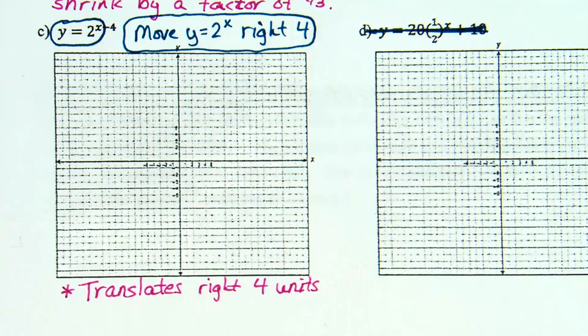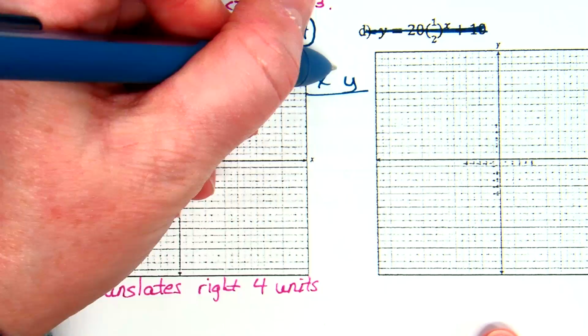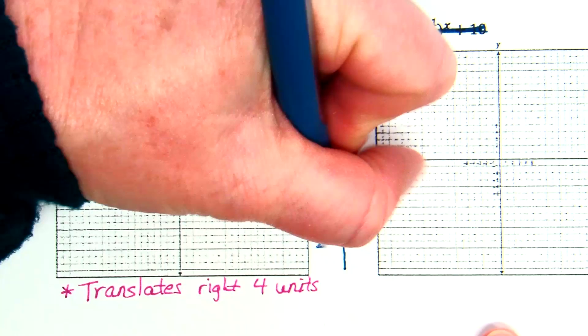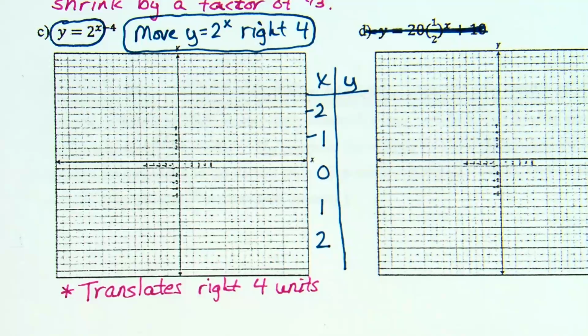But I'll try and explain why I'm suggesting that. Okay? So, XY chart. What X values am I going to use? -2 through +2.